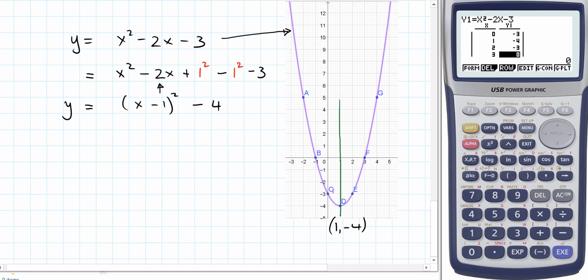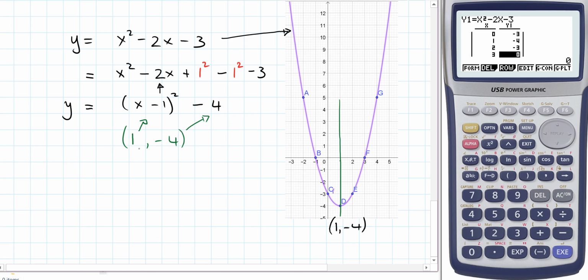Now, if we look at the completed square format, we can actually pick up the coordinates of that turning point by looking at the equation in its completed square form. Because the value 1 is the value that I can put into this equation to make the bracket equal to 0. Minus 4 is the component that I had at the end over here.